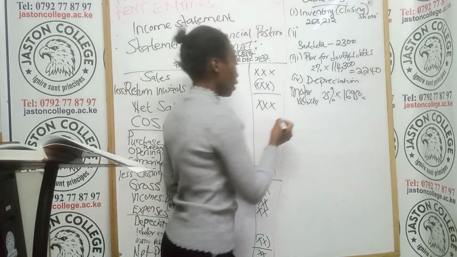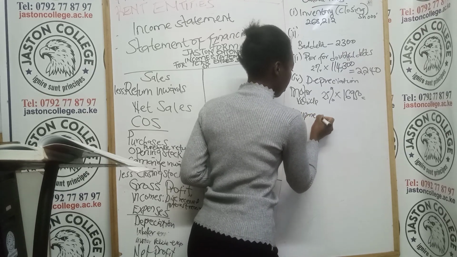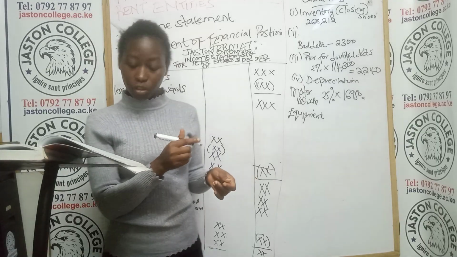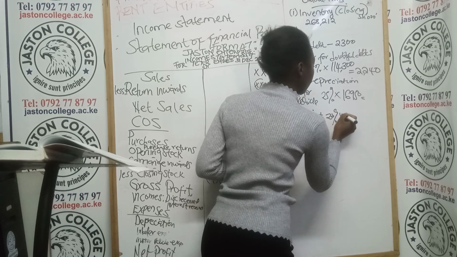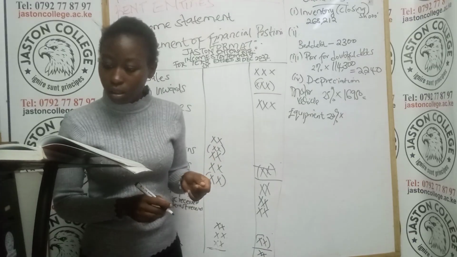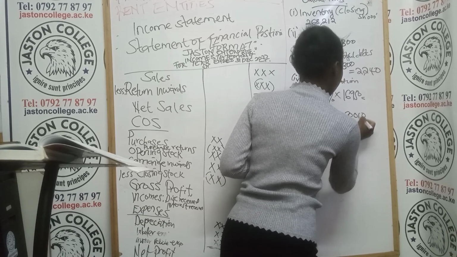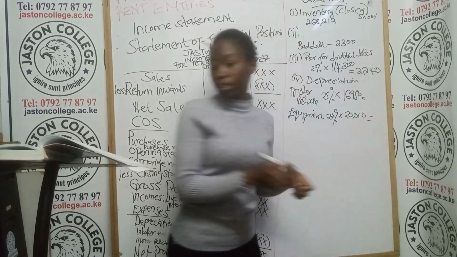Then we have equipment. The depreciation of equipment is 20%. Our cost is 20,010. We'll do our calculations.